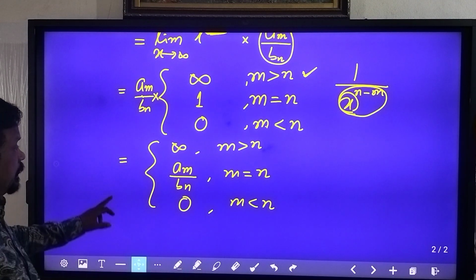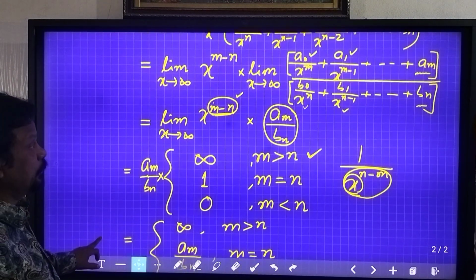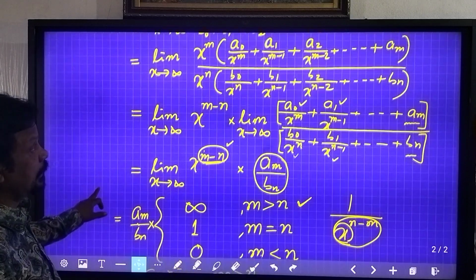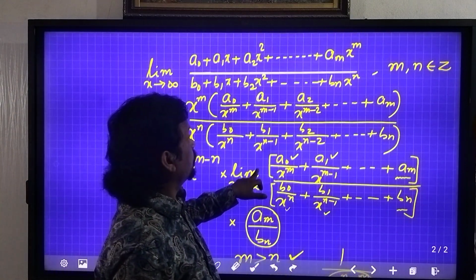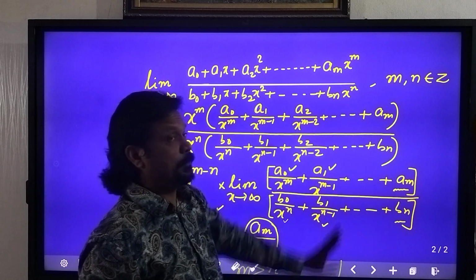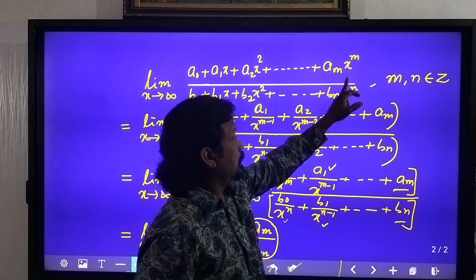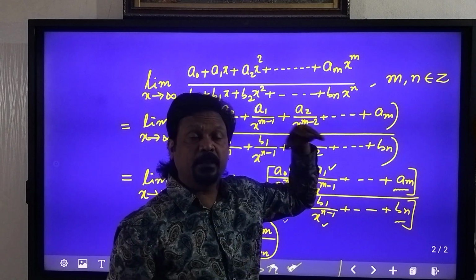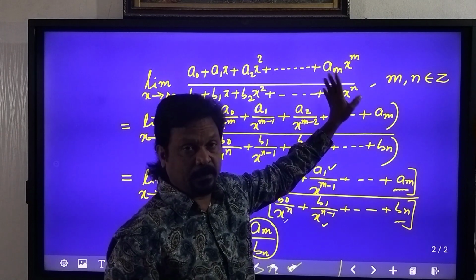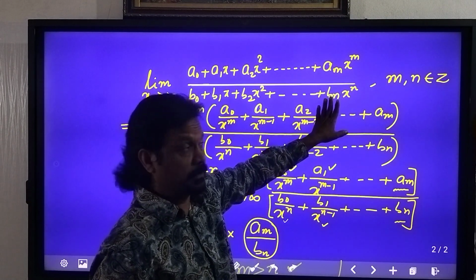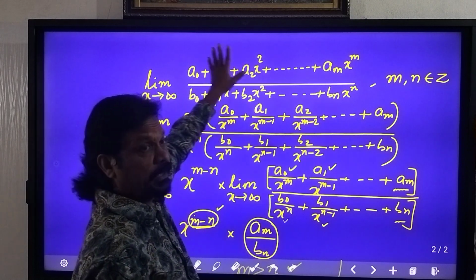See here, m is the degree of the numerator and n is the degree of the denominator. If m is greater than n, that means the degree of the numerator is greater than the degree of the denominator, then the answer will become infinity.